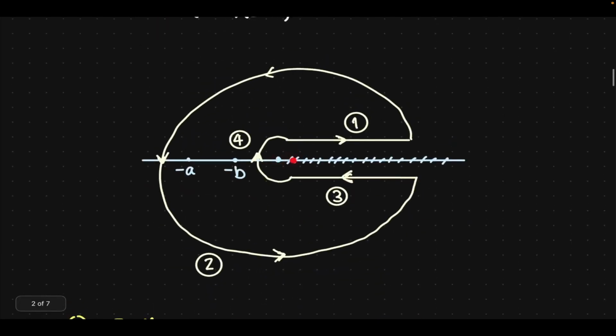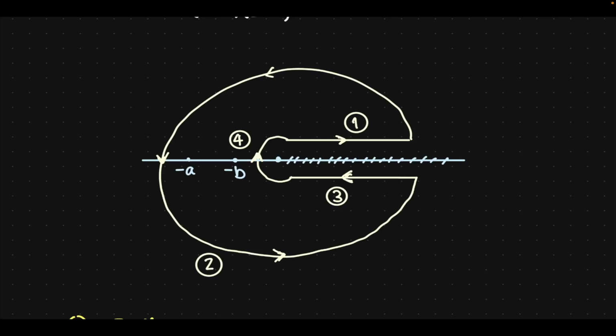So this is the branch cut from 0 to positive infinity. So when we're looping back, we end up on the other side of the branch cut, and then we zip back to the point that's near 0. And then we're looping around to join path 1, which is path 4 rather.